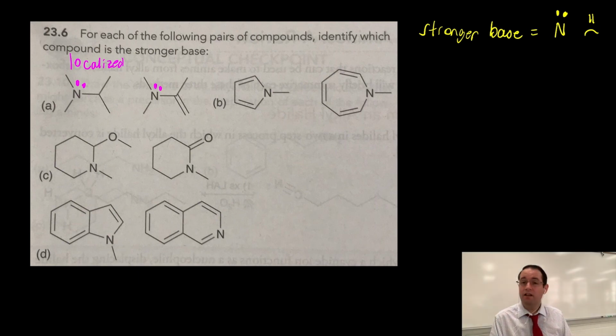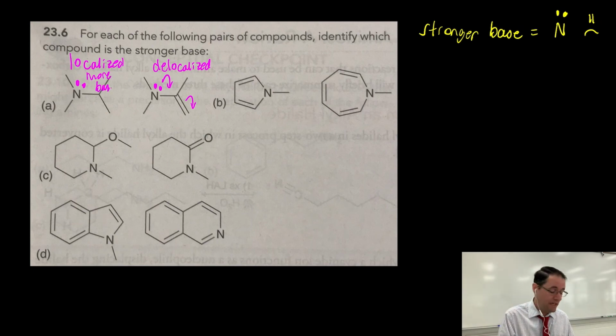The lone pair on the right is conjugated, it's next to the pi bond, it's hooked up, so that's delocalized. Localized means high energy, reactive, basic.